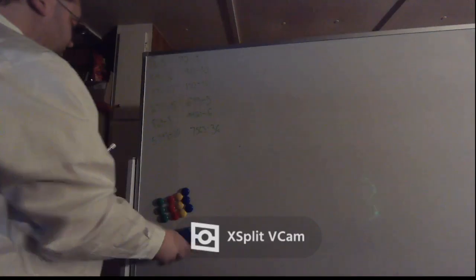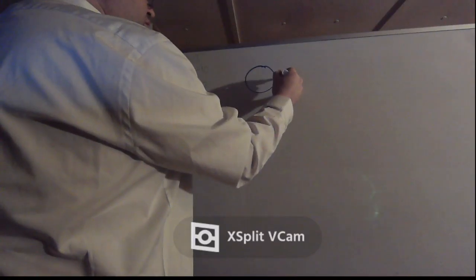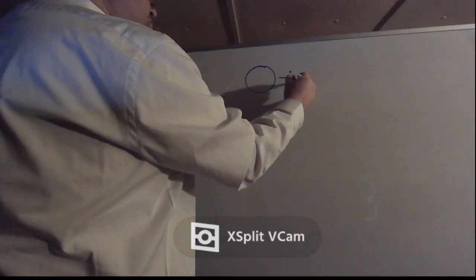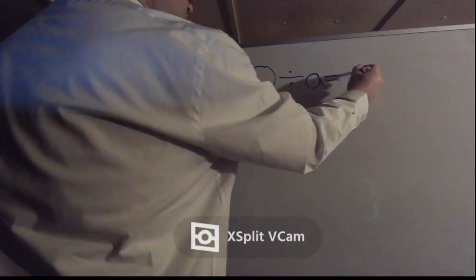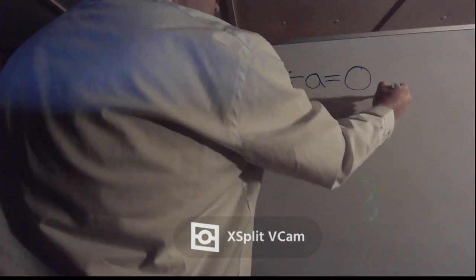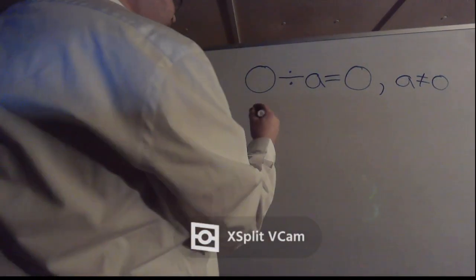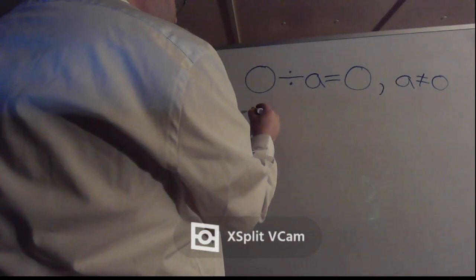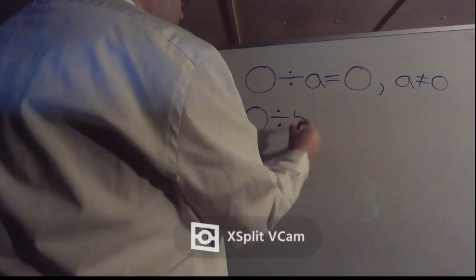Now, in division also, it does matter what order. If you take 0, and it's important 0 comes first, 0 divided by any number except for 0, you will get 0. This is where that number does not equal 0. So, let's say I do 0 divided by 5.